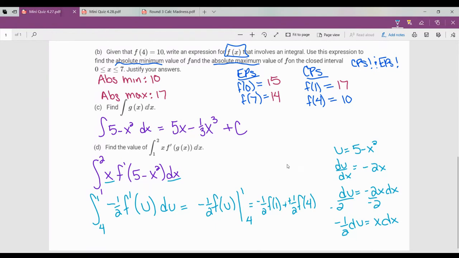All right, so f of 1. Oh, we actually have them up here that we already solved. So negative 1/2 times 17 plus 1/2 times f of 4, which is 10. So we've got negative 17 over 2 plus 10 over 2. Final solution for this is negative 7 over 2. Okay, and that's it for this one.